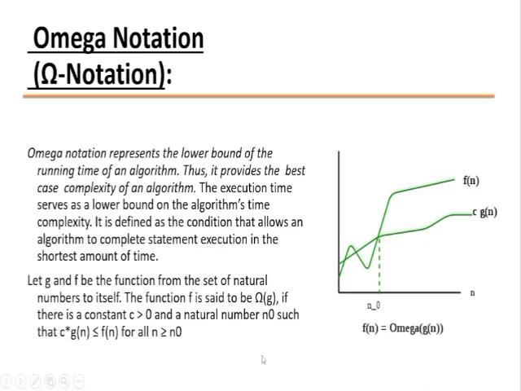Here on the right side, the diagram is shown, and let us consider g and f, the functions from the set of natural numbers to itself. The function f is said to be omega of g if there is a constant c greater than 0 and a natural number n0 such that the equation holds.